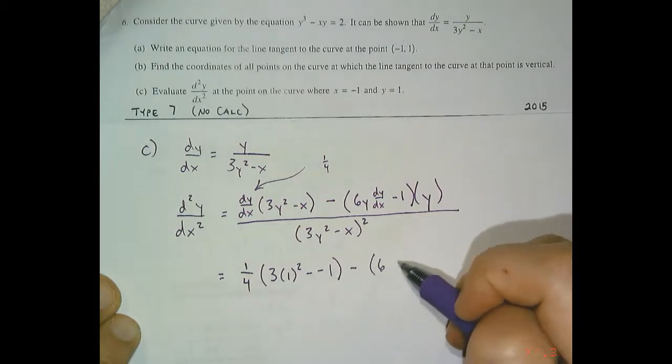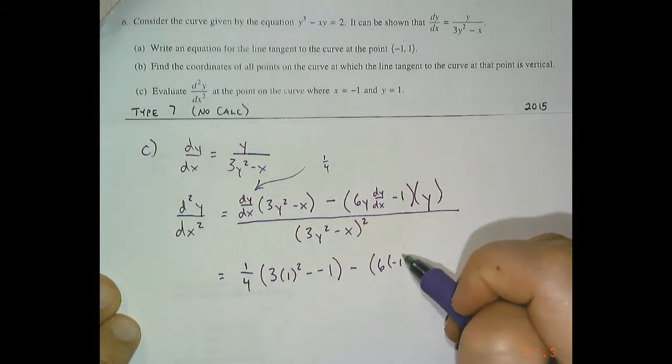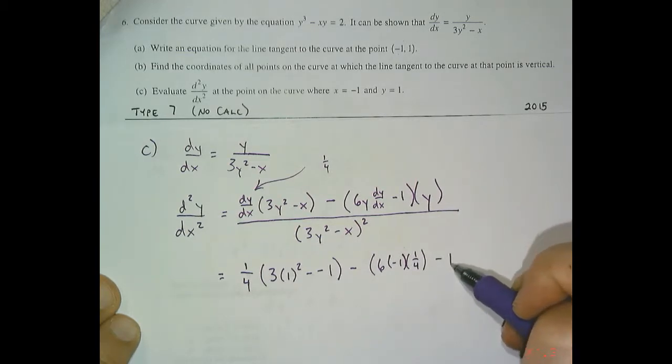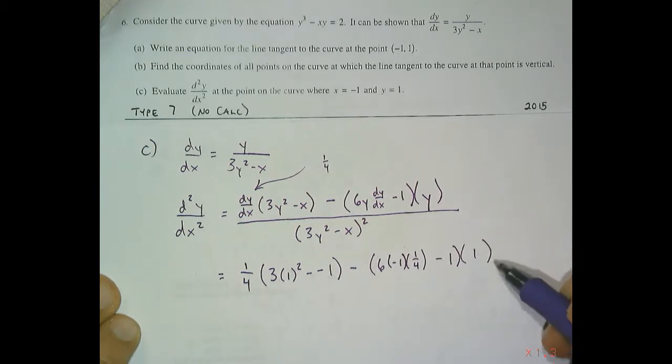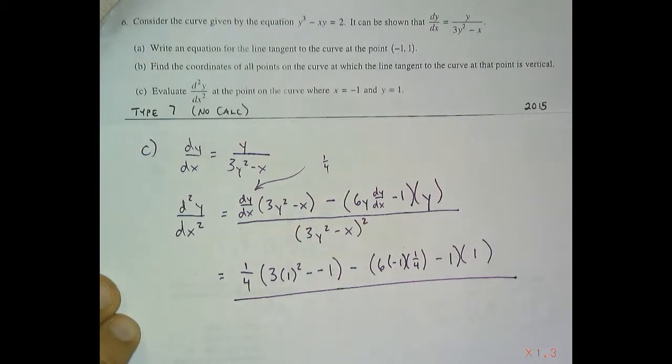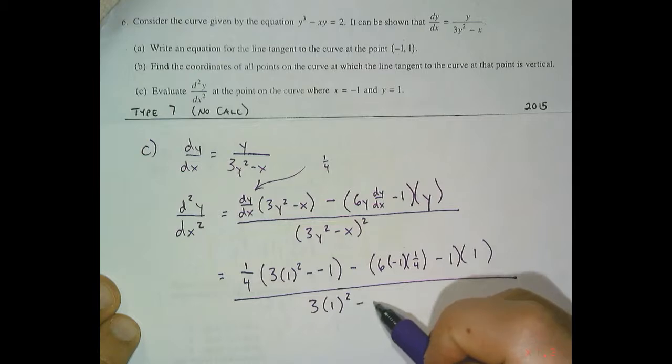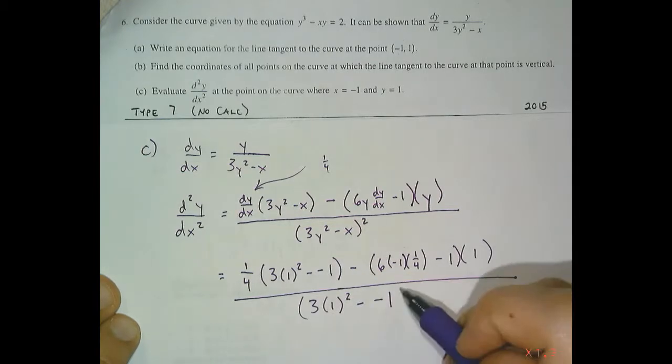Subtract 6 times -1 times 1/4 minus 1 times 1, all over 3 times 1 squared minus -1 squared.